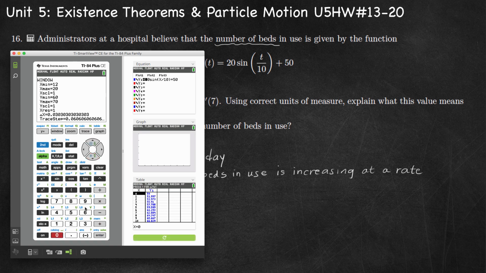We'll just try and look from between 60 and 70. I can do a little bit better with that window. Let's do 66 to 74. Okay, it looks a little bit better.